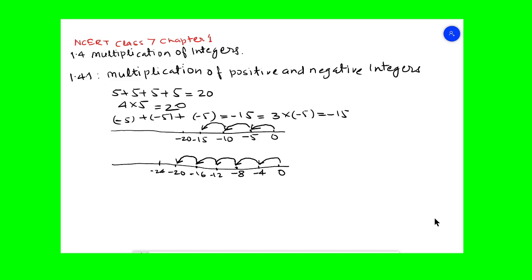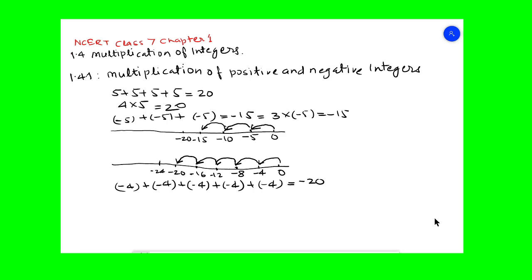So what we do: minus 4 plus minus 4 plus minus 4 plus minus 4 plus minus 4, and when we add all these 5 minus 4s, we get minus 20.